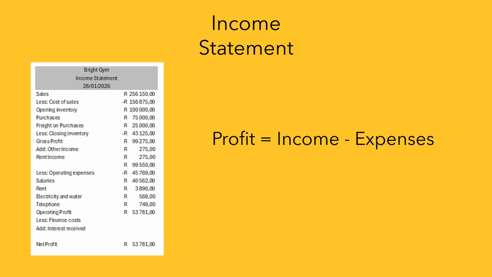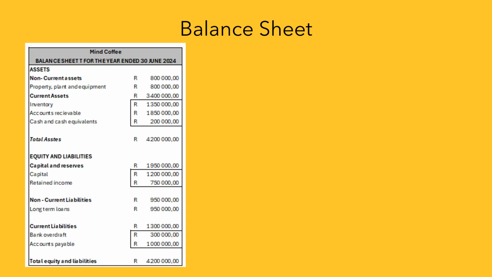The income statement is a financial history book, and this is because anything that appears on here has already happened. Then we have a balance sheet, and a balance sheet is a list of your assets, your liabilities, and your equity. And just remember that liabilities plus equity is always equal to assets.